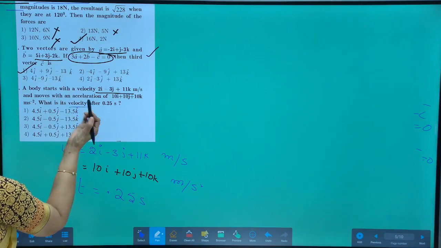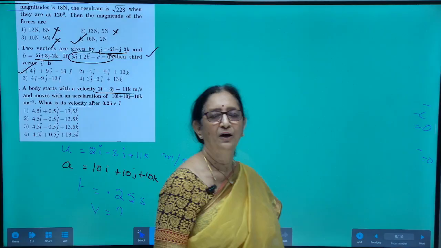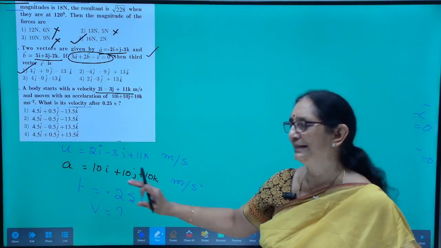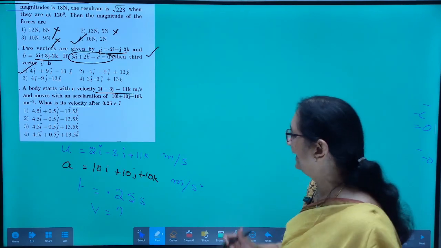What is its velocity? From equations of motion, what is v at any instant of time t? v is equal to u plus at.